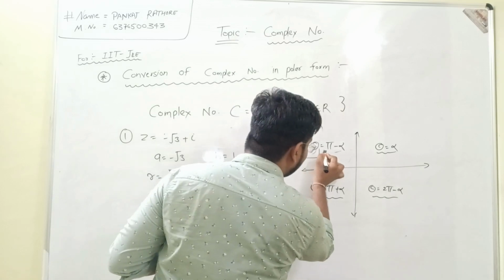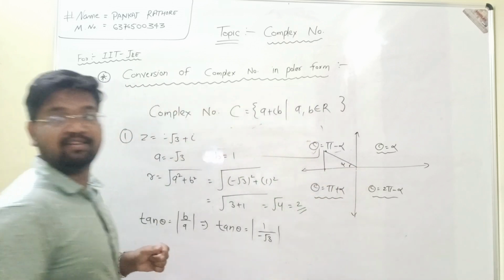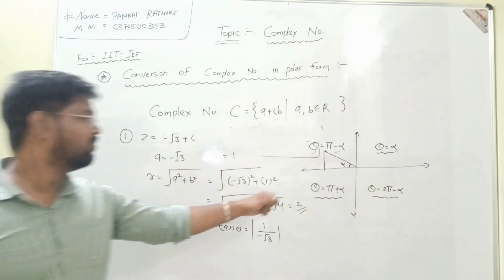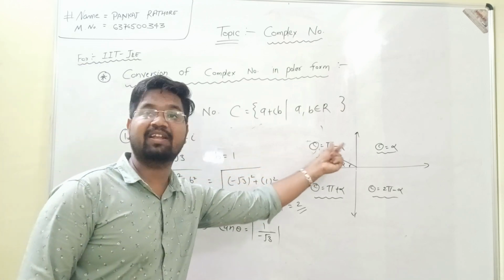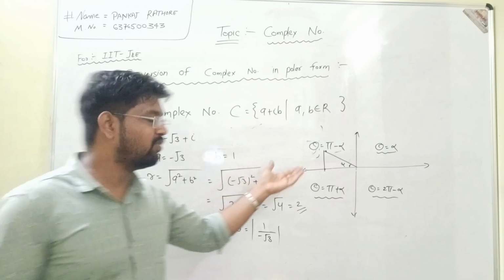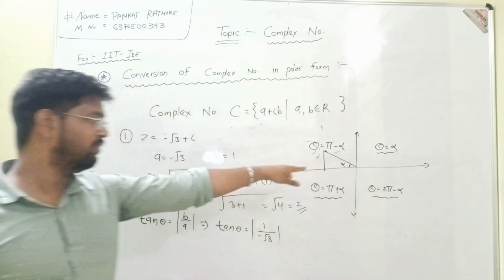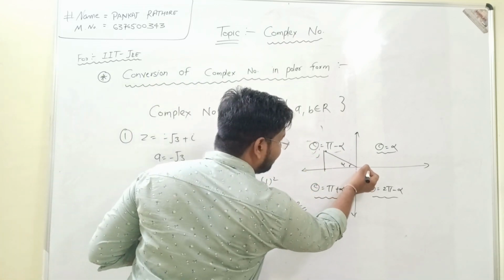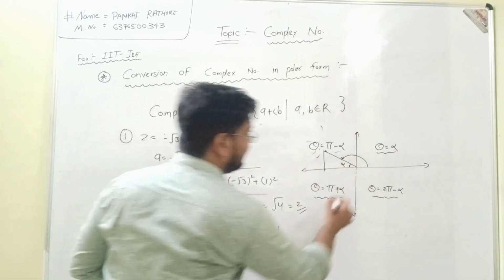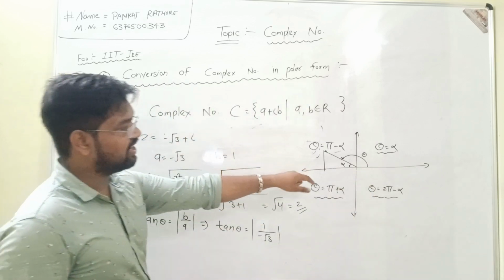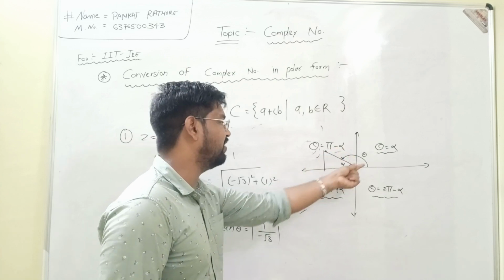So now what's the angle made by this number here? There is the alpha. Now why should we take theta equal to pi minus alpha? Because we know that theta is the angle made by the number with the positive x-axis. Here we can clearly see that theta plus alpha is equal to pi. So what's the value for theta?